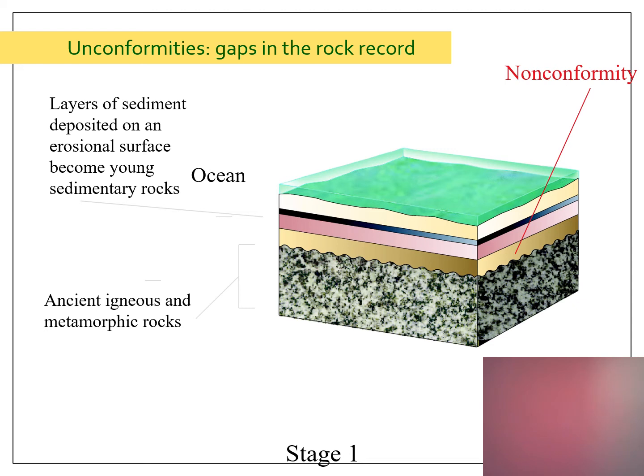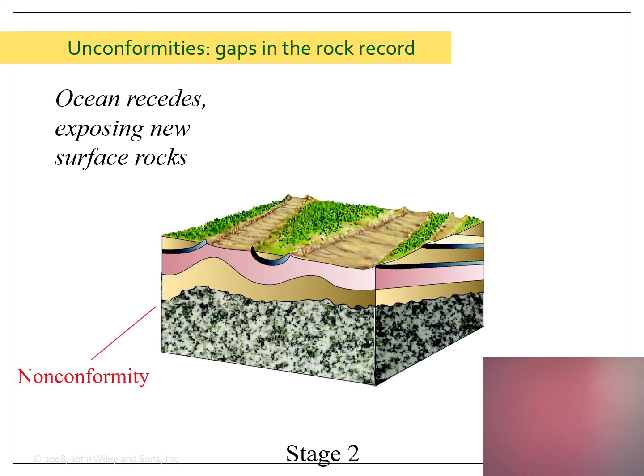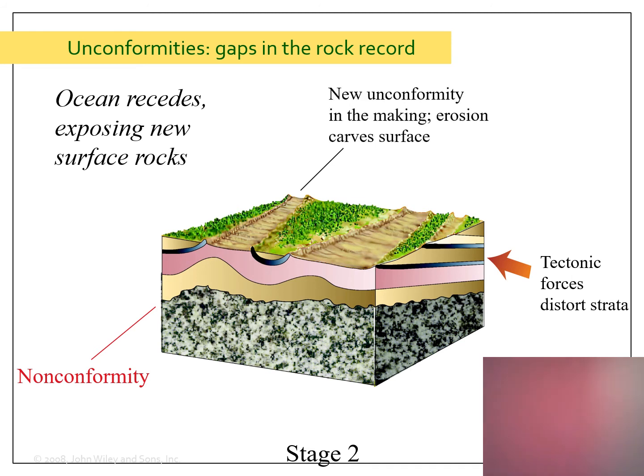So what do we have going on here? We have a nonconformity. Let's keep going here. The ocean recedes, sea level drops, and then those rocks that were forming are exposed at the surface. And we have something else that has gone on here. They have been tilted. Okay? So new rocks exposed at the surface when the ocean recedes.